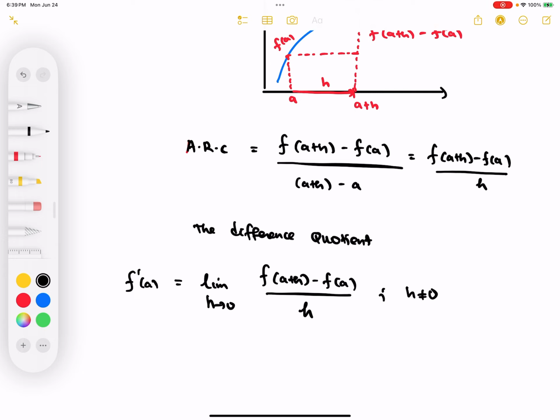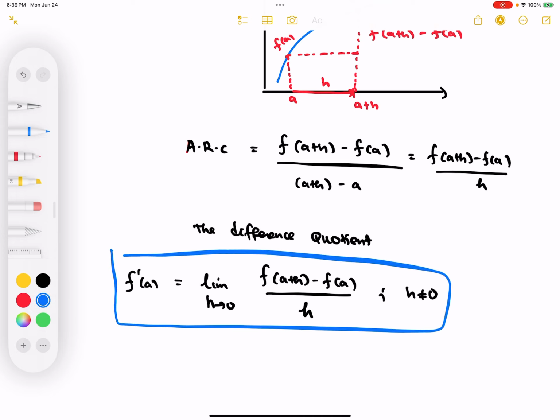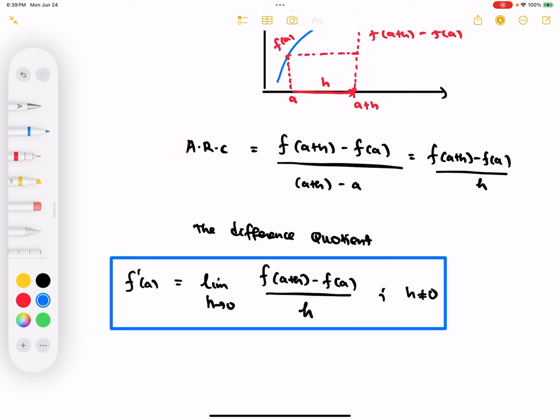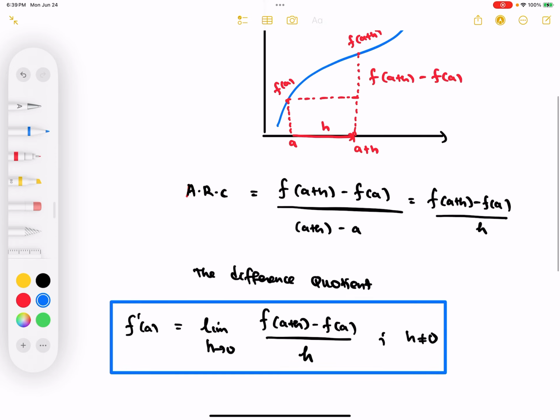Now we are starting derivative. Assume that the concept is, what if the average rate of change when h is getting closer to 0?